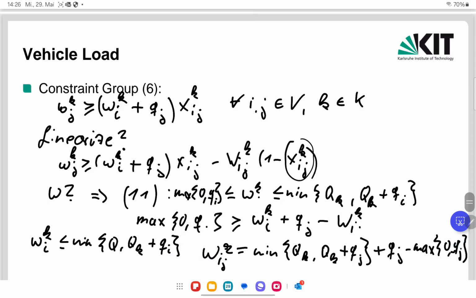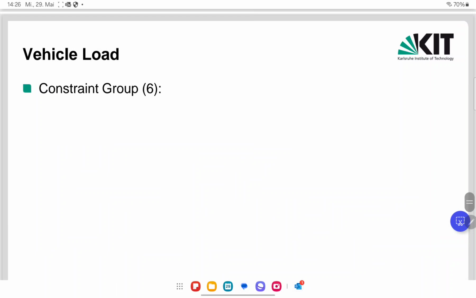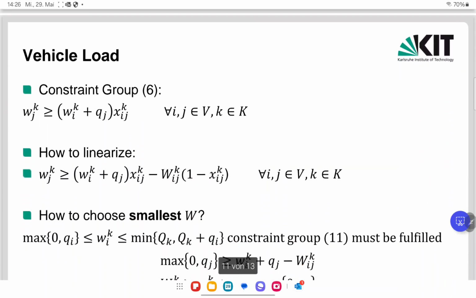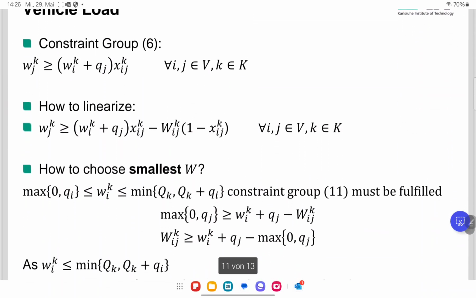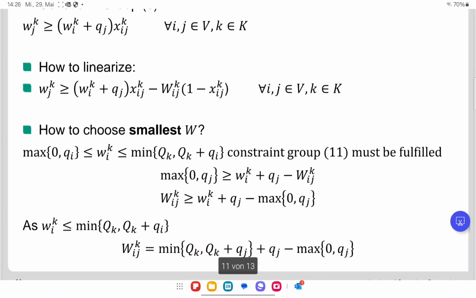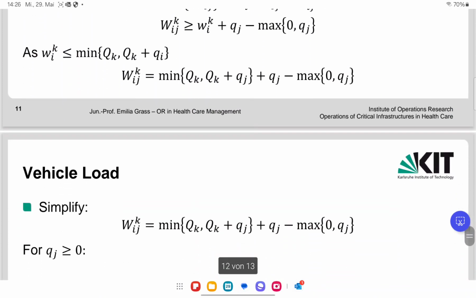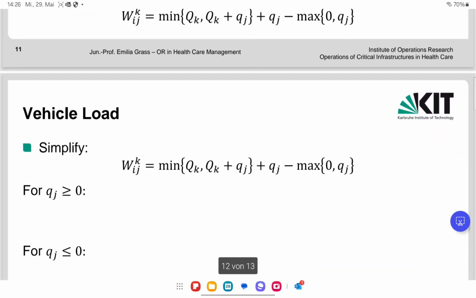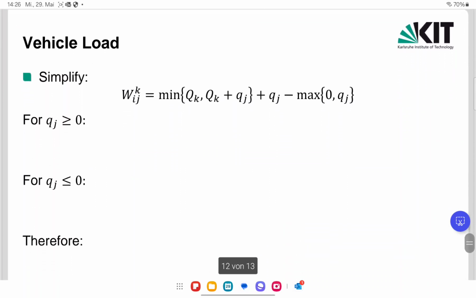Okay, so this could be it, but what we can also do is to simplify that even further. So first of all, I would like to show you the nicely written one. And now we would like to simplify this expression even further.